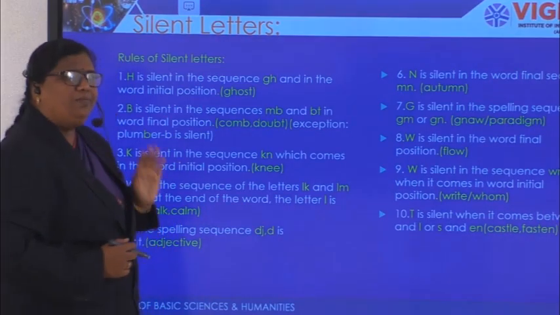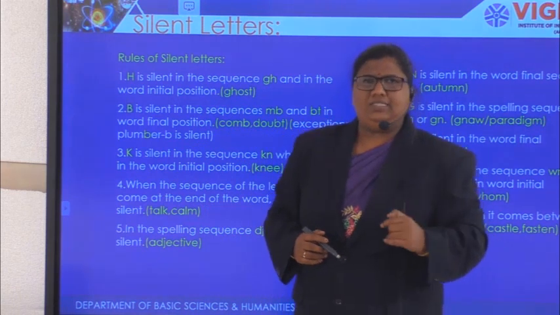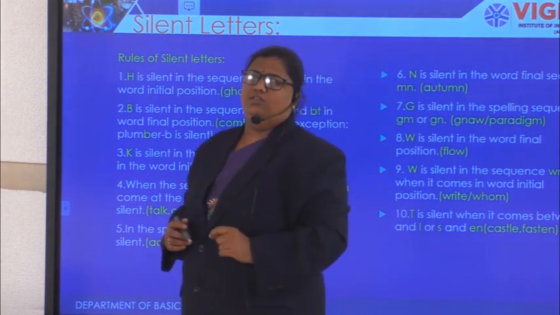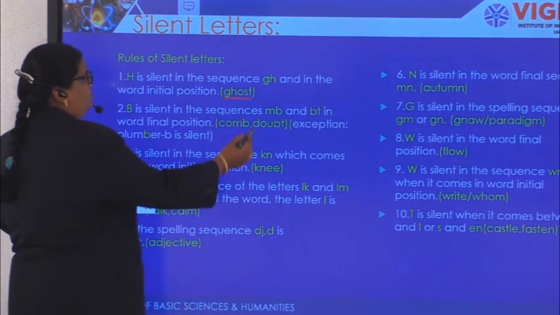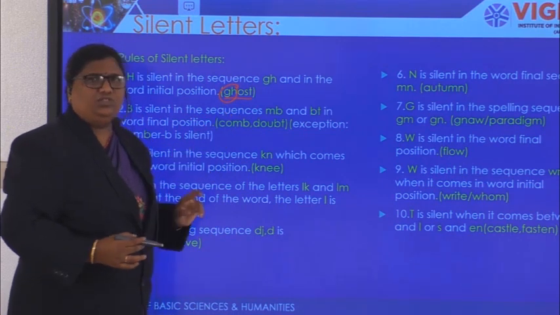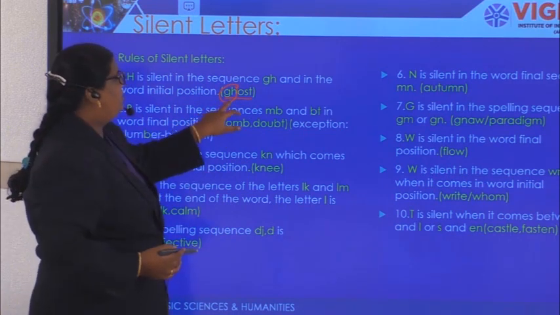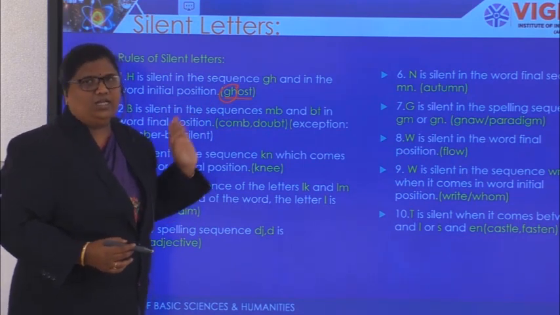The second rule is, B is silent in the sequence MB or BT at the word final position. See here, GH in the word initial position, you need to pronounce G only. You're not supposed to pronounce H.